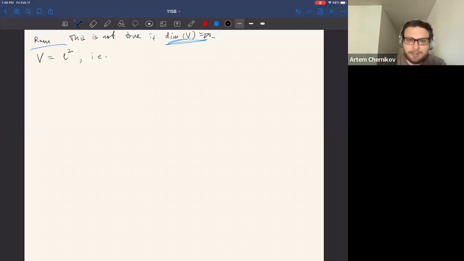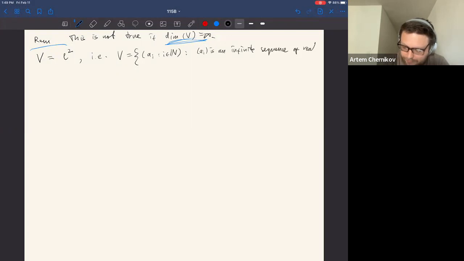So what does it mean? This means that the elements, the vectors in this space are given by infinite sequences. So now vectors are infinite sequences a_i, where a_i is an infinite sequence of real numbers, okay, such that the sum of the squares of this sequence converges.